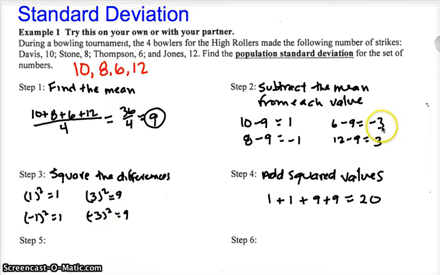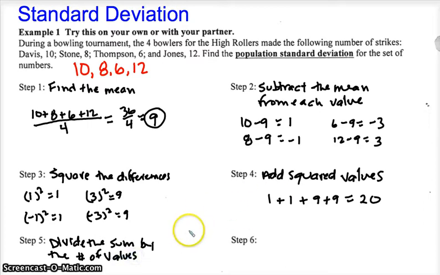In step 5, I will then divide the sum by the number of values. In this case, that's 20 divided by 4 original values, which equals 5.